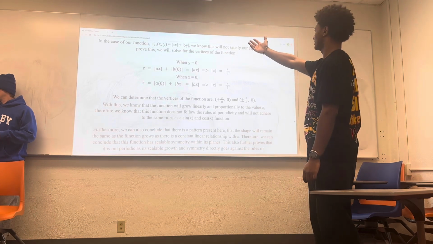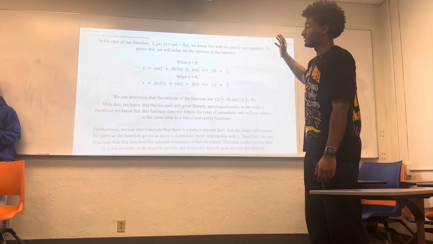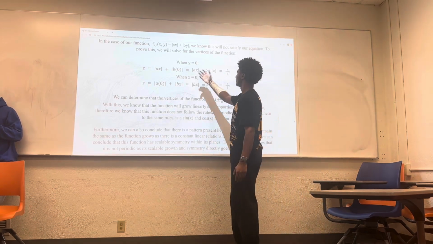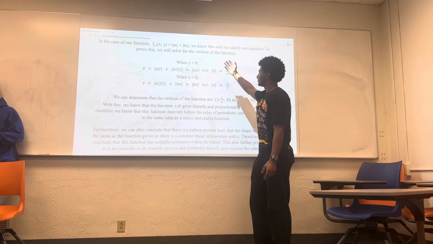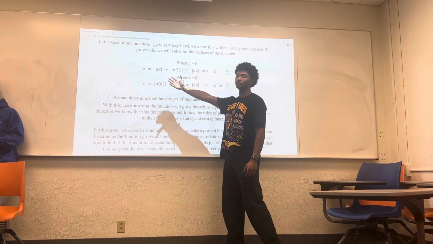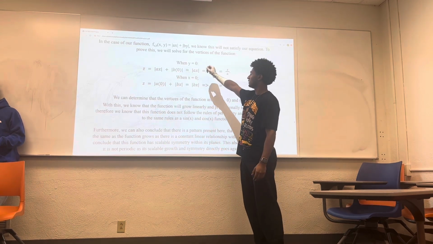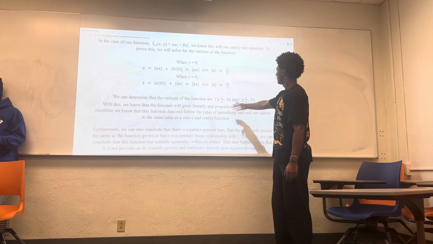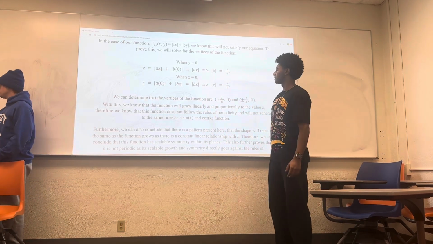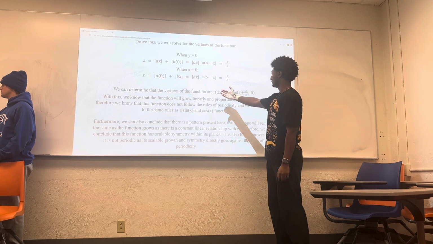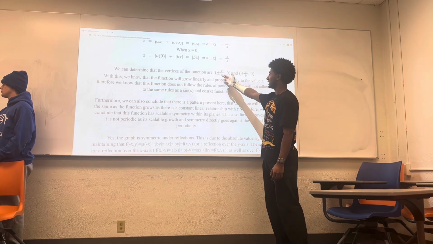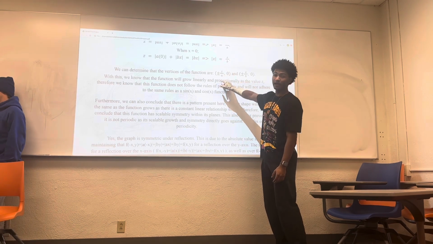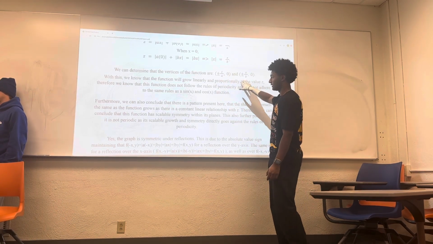So in the case of our function, we know that this is not true. And to prove it, we can simply solve for the vertices. So after solving for what z is equal to, and solving for the x value when y is equal to 0 and for y when x is equal to 0, we can determine what the values are. We determine that there's a proportionality, that the vertices of the function are plus or minus z over a, or plus or minus z over b.